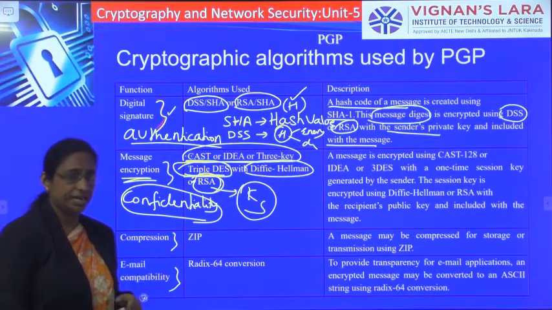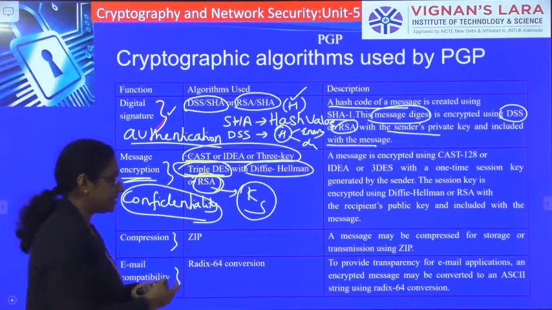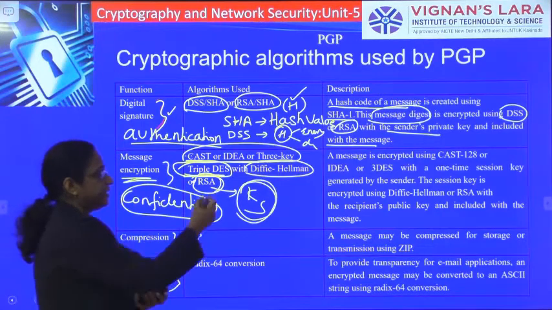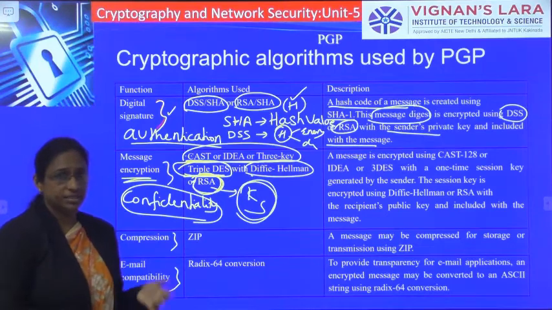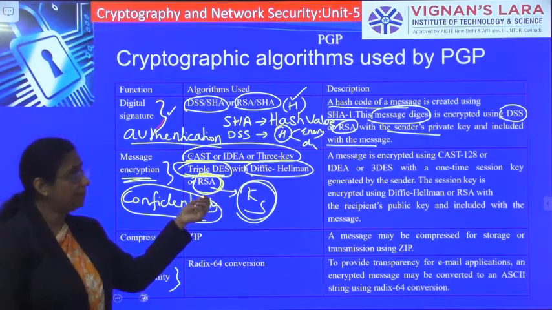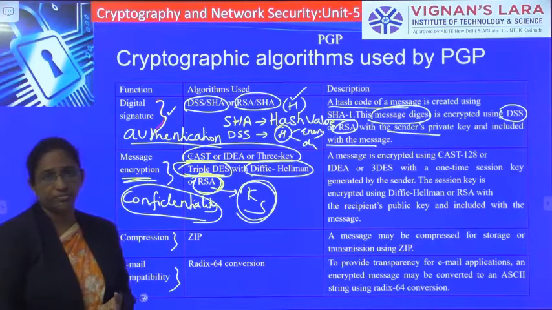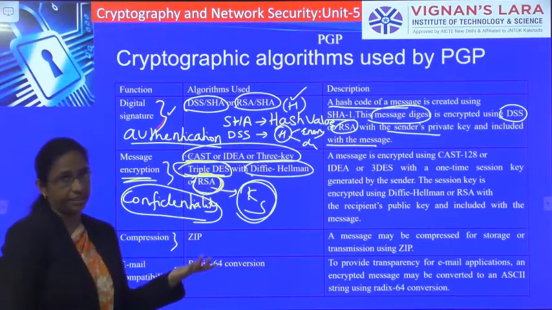By using the key exchange algorithm also, the sender and receiver can exchange the session key. So we will be using Diffie-Hellman and RSA for secretly exchanging the session key, and for the encryption and decryption of the message, we will be using the algorithms CAST, IDEA, and triple DES.